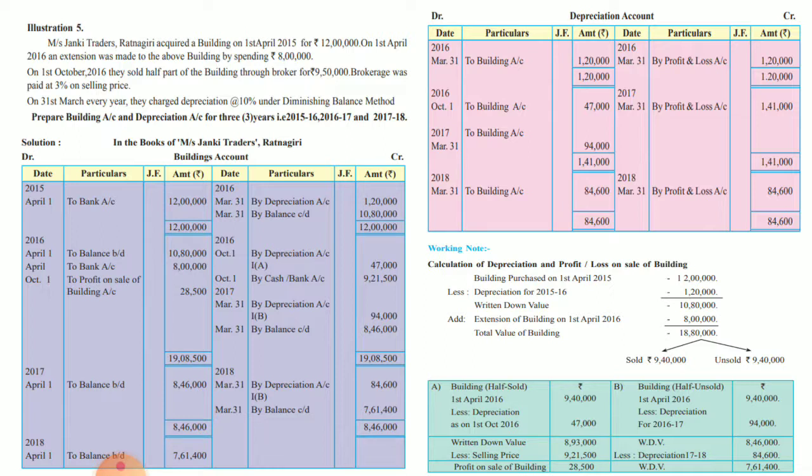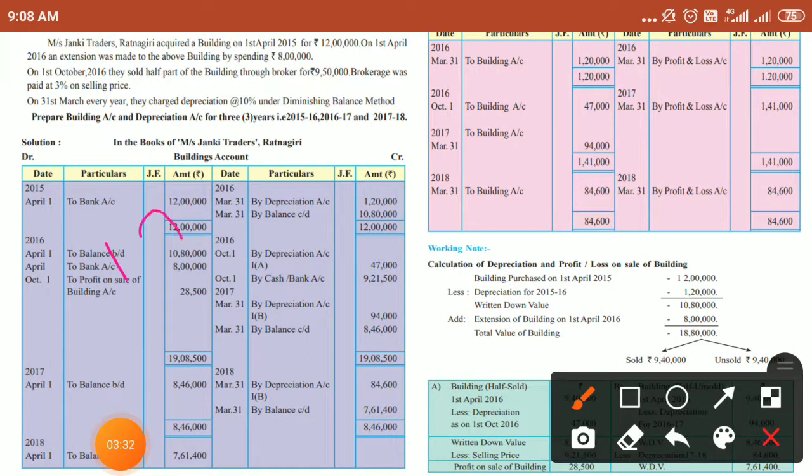The building purchased on 1st April 2015 is of 12 lakh. In the year 2015-16 there is no extension and nothing sold, so we have to calculate depreciation. Depreciation at what percent? It is at 10%.